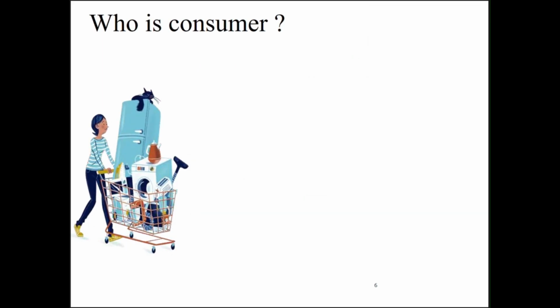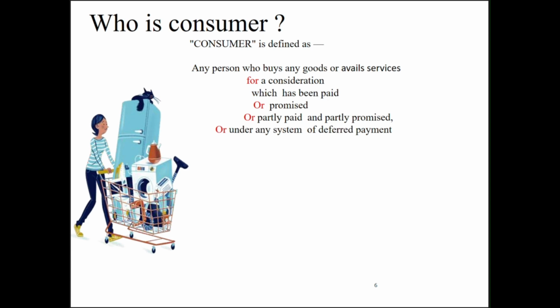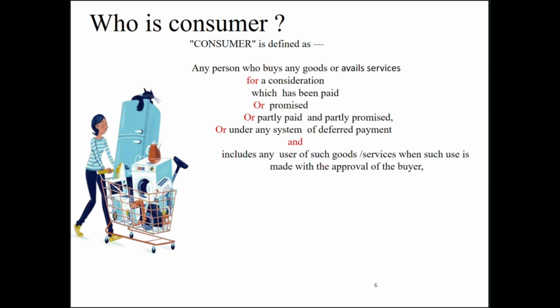So instead of writing 2 points under who is consumer, you can club these points and you can write like this. Consumer is defined as any person who buys any goods or avails services for a consideration which has been paid or promised or partly paid and partly promised or under any system of deferred payment, and includes any user of such goods and services when such use is made with the approval of buyer.